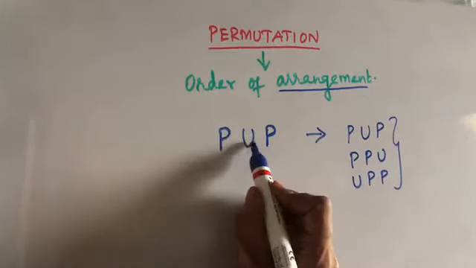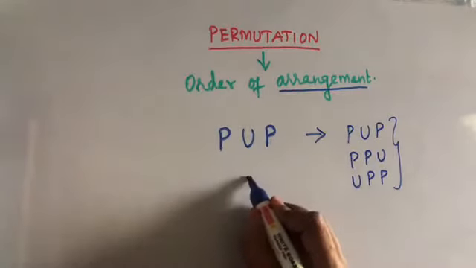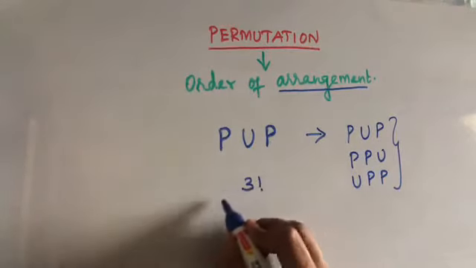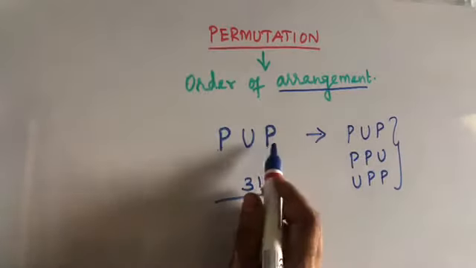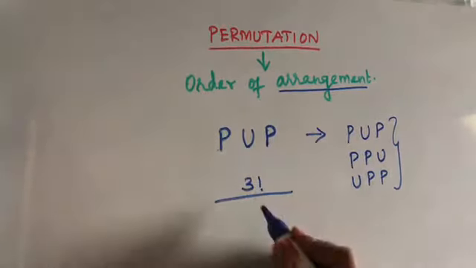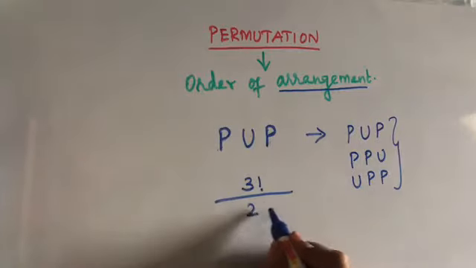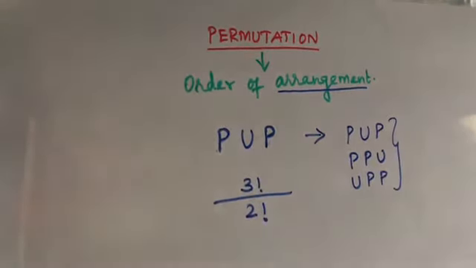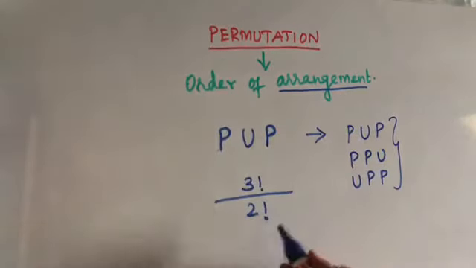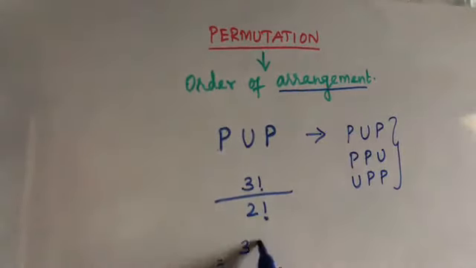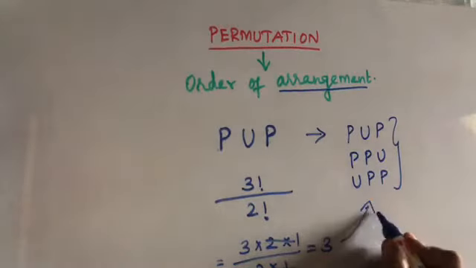Here 3 letters are there, so it is 3 factorial. And how many letters are repeating? P is repeating 2 times. So it should be divided by 2 factorial. Okay, so for pup, 3 factorial divided by 2 factorial is 3 into 2 into 1 divided by 2 into 1. When I cancel, I get 3. Yes, these are the 3 arrangements.